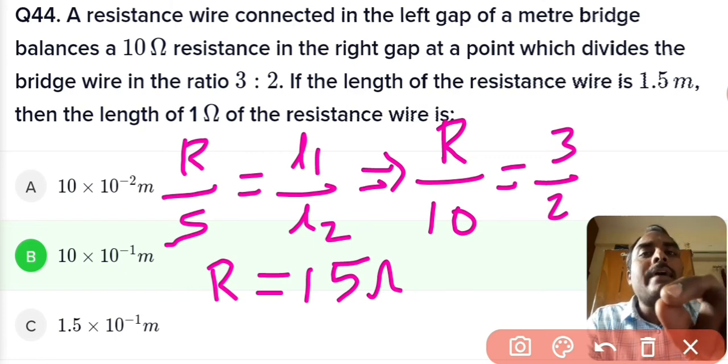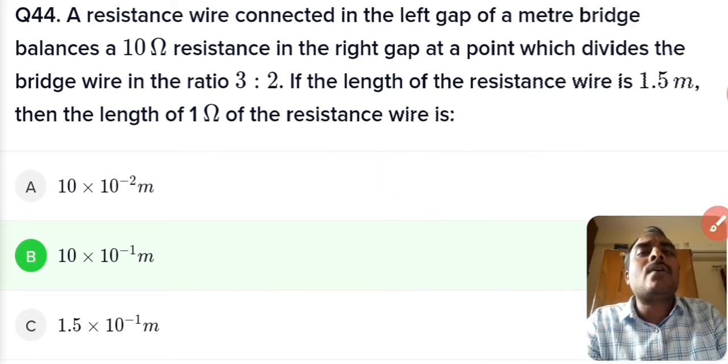Now we need to find the length of 1 ohm of the resistance wire. This resistance wire has length given in the problem as 1.5 meter. So 1.5 meter wire has resistance 15 ohm. Then what is the length for 1 ohm resistance? Again we use the resistance formula.